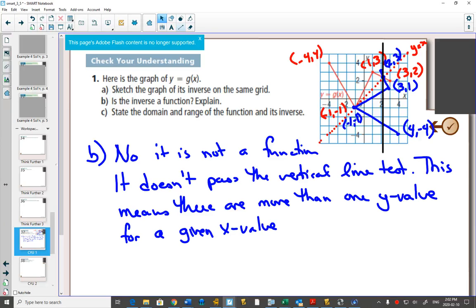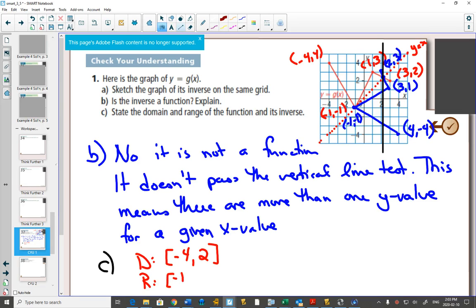State the domain and range of the function and its inverse. So that's part C. I'll use interval notation since we haven't done that for a while. The domain of the red graph, the smallest x value is -4. The biggest x value is +2. The range, the smallest y value is -1.